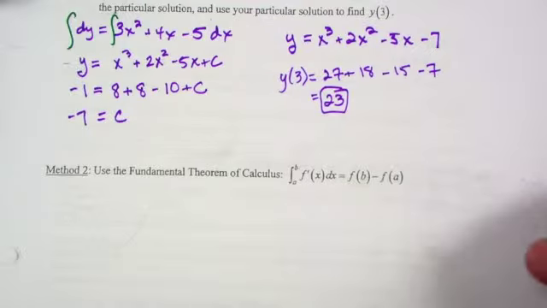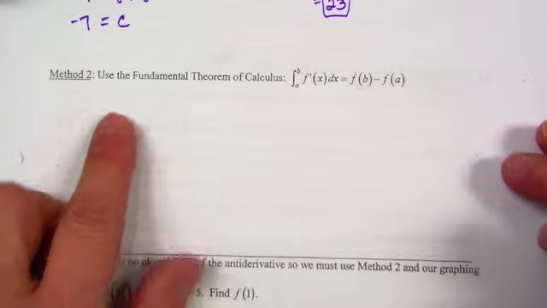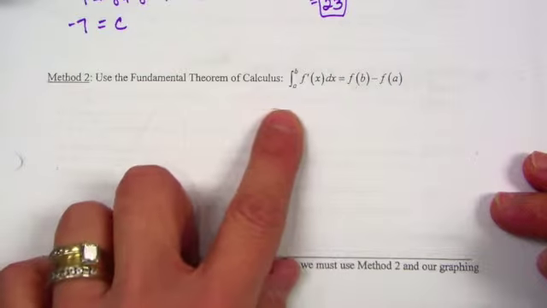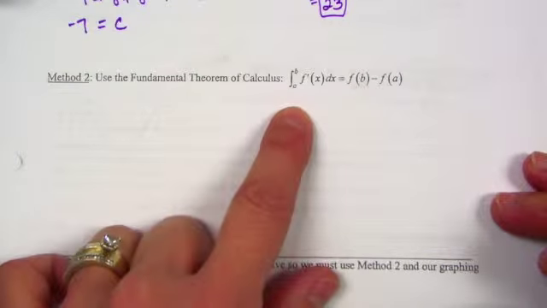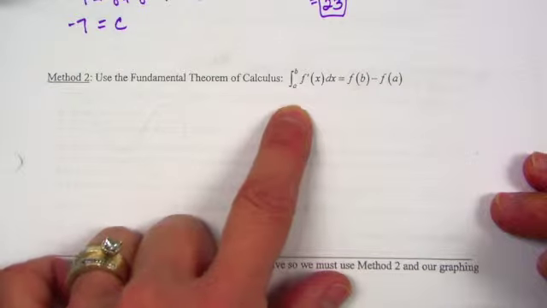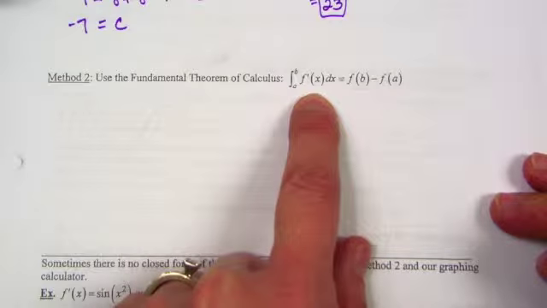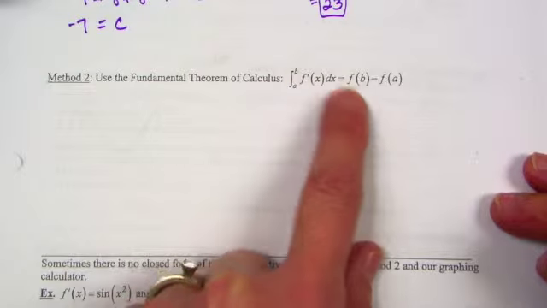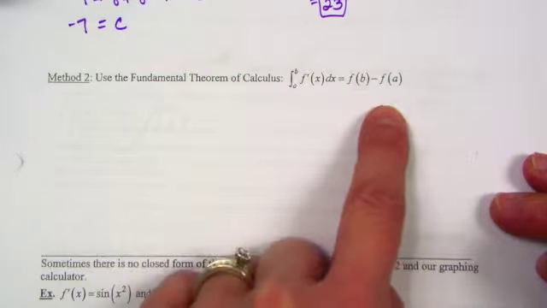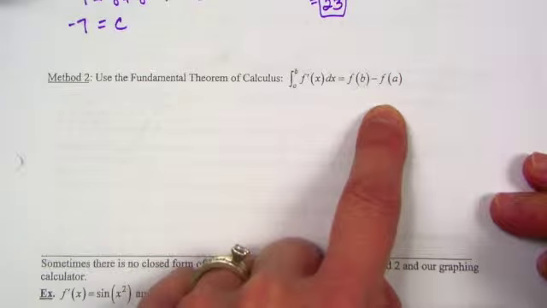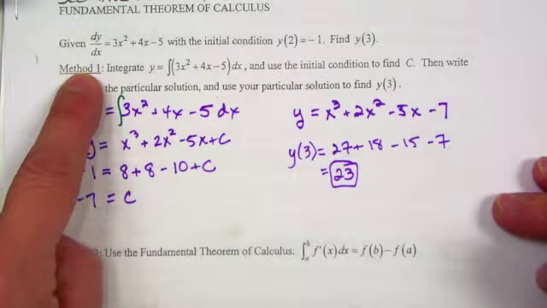Okay, so the second method of working this problem says use the fundamental theorem of calculus. So are you in agreement that if you integrate f prime of x from a to b, that will turn into f of b minus f of a? Yeah, that's by definition, right? That is the fundamental theorem. So go back and look up here.